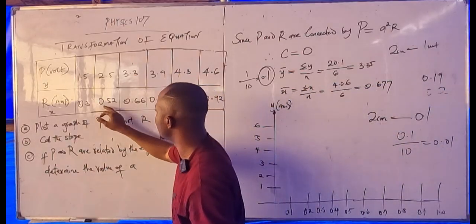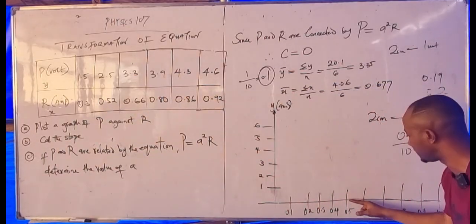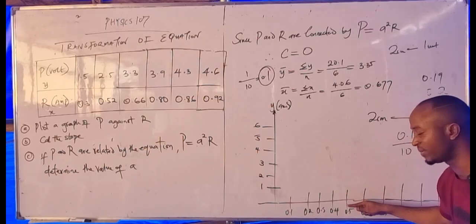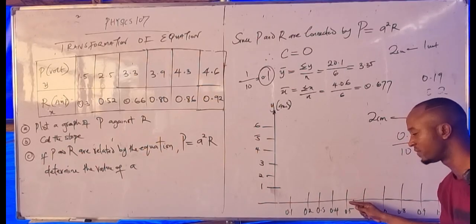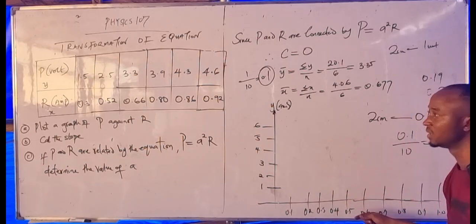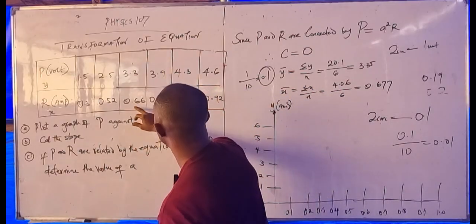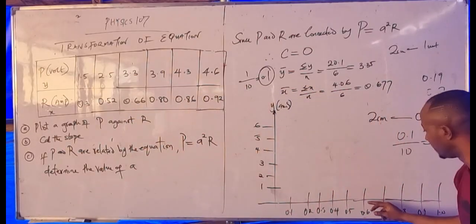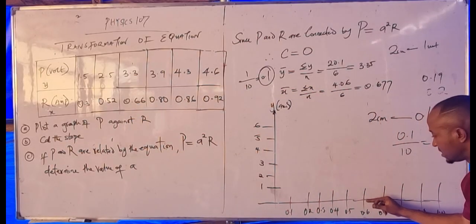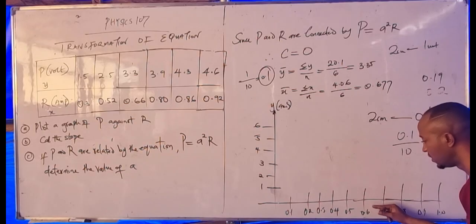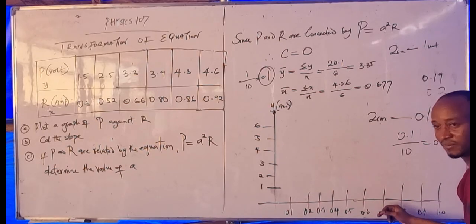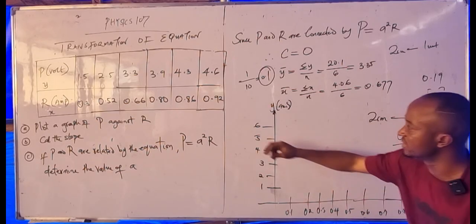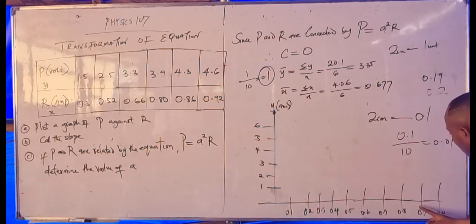I can also locate 0.52. This is 0.5. The next line after 0.5 is 0.51, followed by 0.52. I can also locate 0.66. 0.6 is here, right? 0.61, 62, 63, 64, 0.65, 0.66. Even 0.92 can be located the same way: 0.91, 0.92.